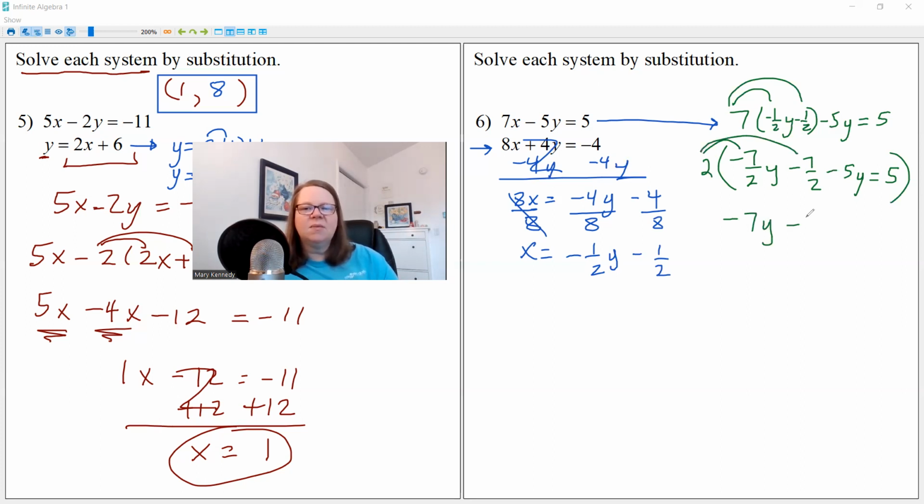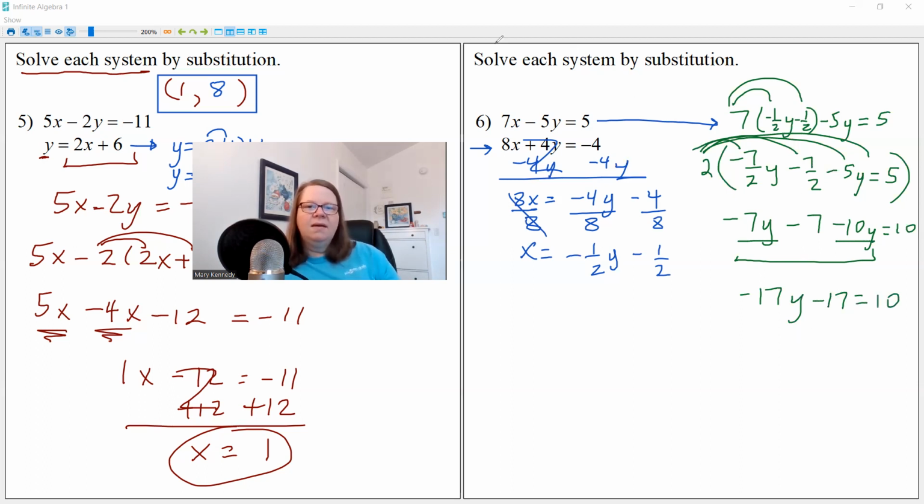And that does the same thing here. 2 times negative 5y is negative 10y. And 2 times 5 is 10. All right, like terms. I can combine my negative 7y and my negative 10y to get negative 17y. And that was not minus 17, that was minus 7.